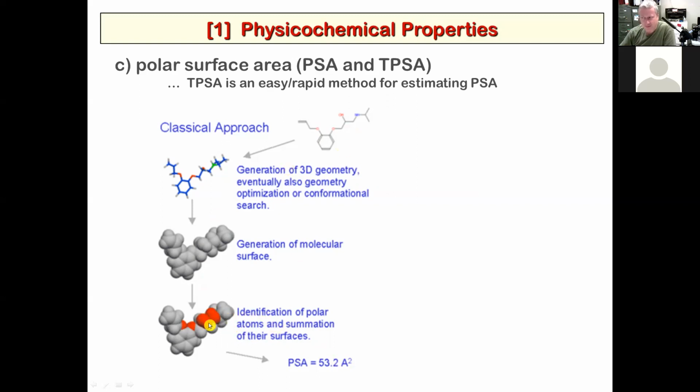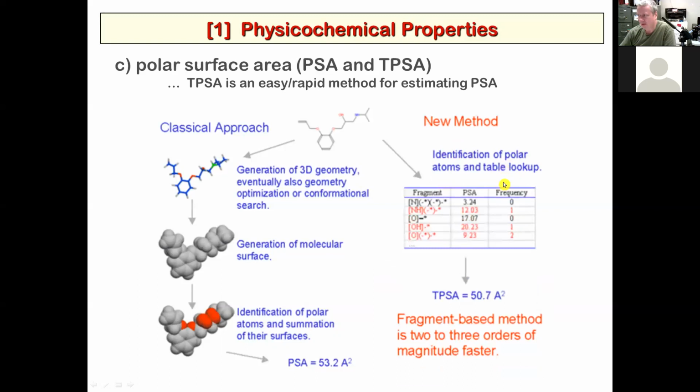It was actually kind of a slow process, right? Dealing with 3D structures is not super slow, but if we have to do this for 100,000 molecules, yeah, it's a little annoying and slow. TPSA does it much quicker, so it's maybe a more common approach.